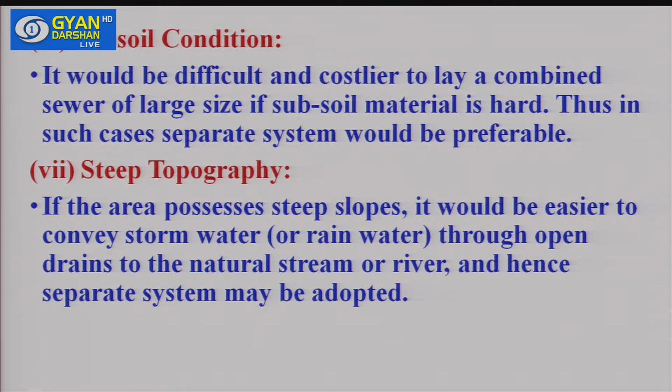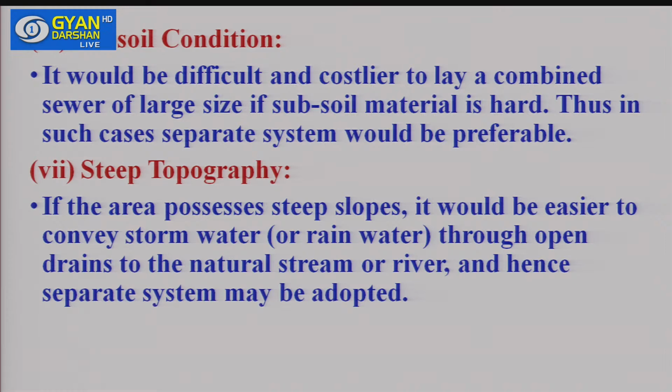Few more situations are also there. Subsoil condition. It would be difficult and costly to lay a combined sewer of large size if the subsoil material is hard. Because in a rocky area, cutting those rocks to lay a large size sewer in case of a combined system will cost more.